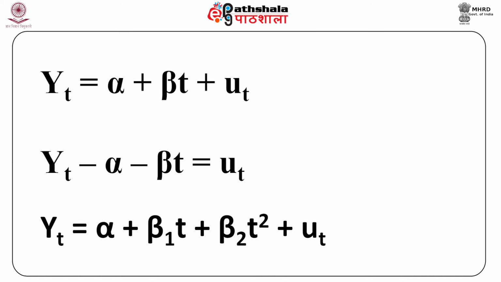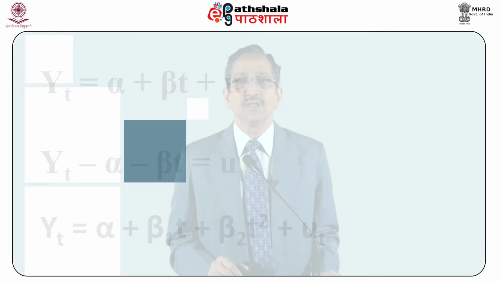Now it can also be possible that the trend may be nonlinear in nature. For example, it could be that yt is equal to alpha plus beta 1 t plus beta 2 t square plus ut. Under this, the residuals will now be quadratically detrended time series.